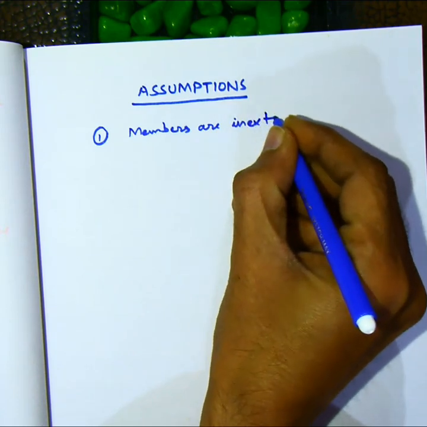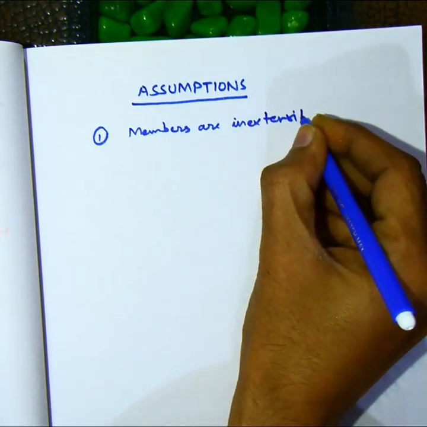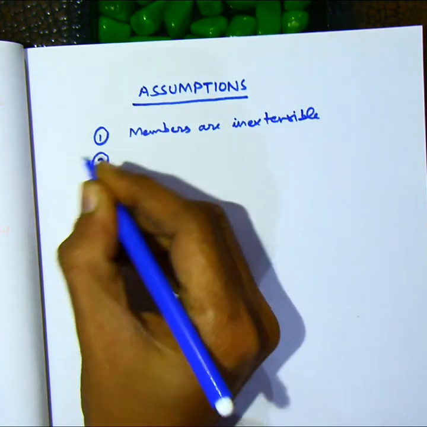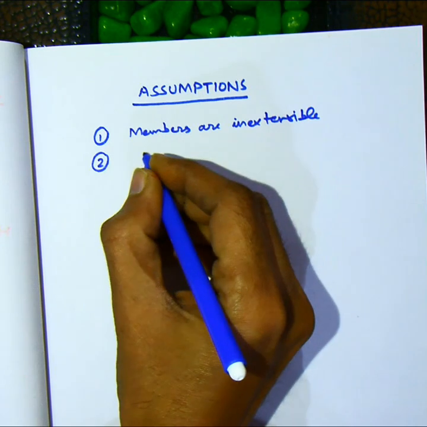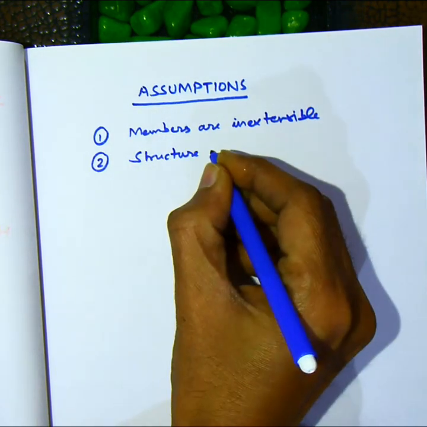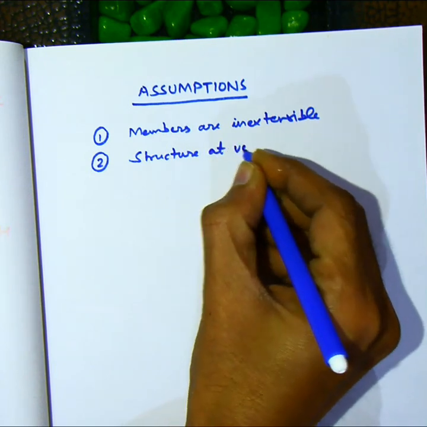The very first assumption is that all the members are inextensible. Now we have the second assumption.